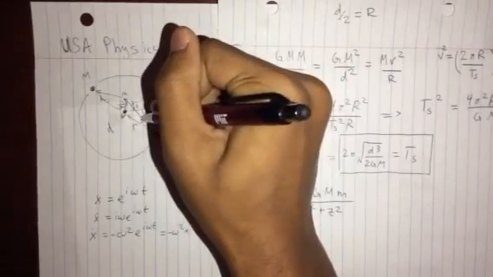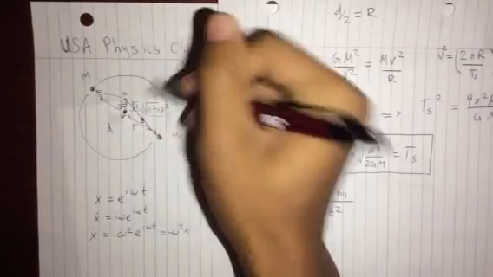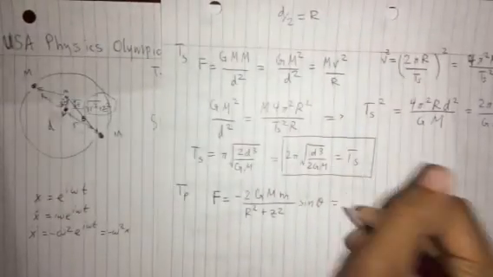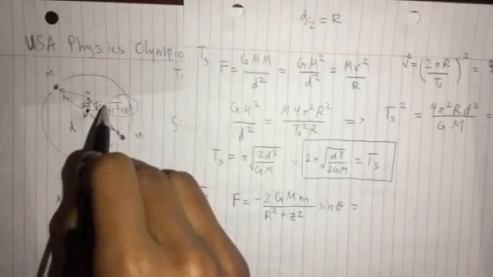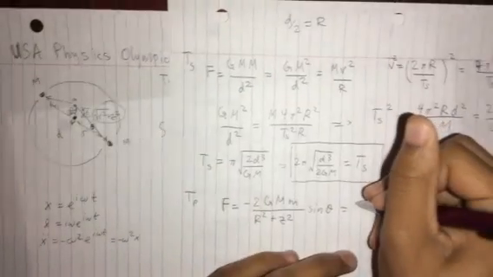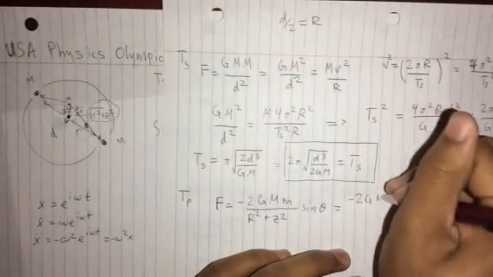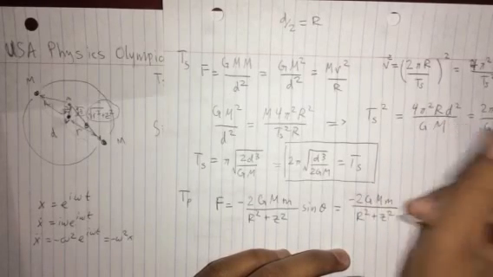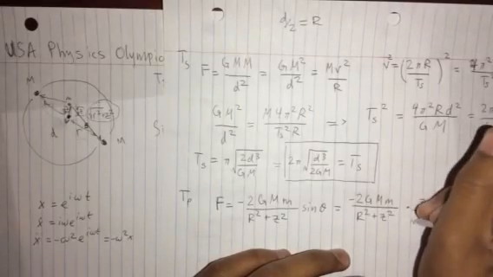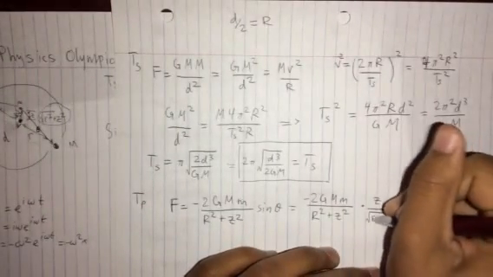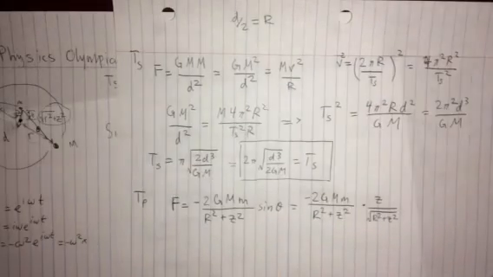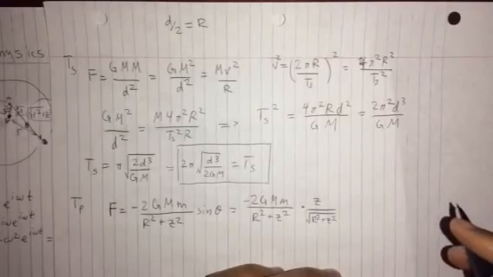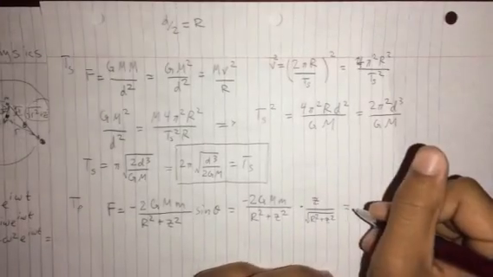So if you imagine this was some angle theta, we want this force times sine theta. But sine theta is opposite over hypotenuse. So this is negative 2GMm over r squared plus z squared, times z over, that's the opposite, over the hypotenuse, which is the square root of r squared plus z squared. Let me write this fully.